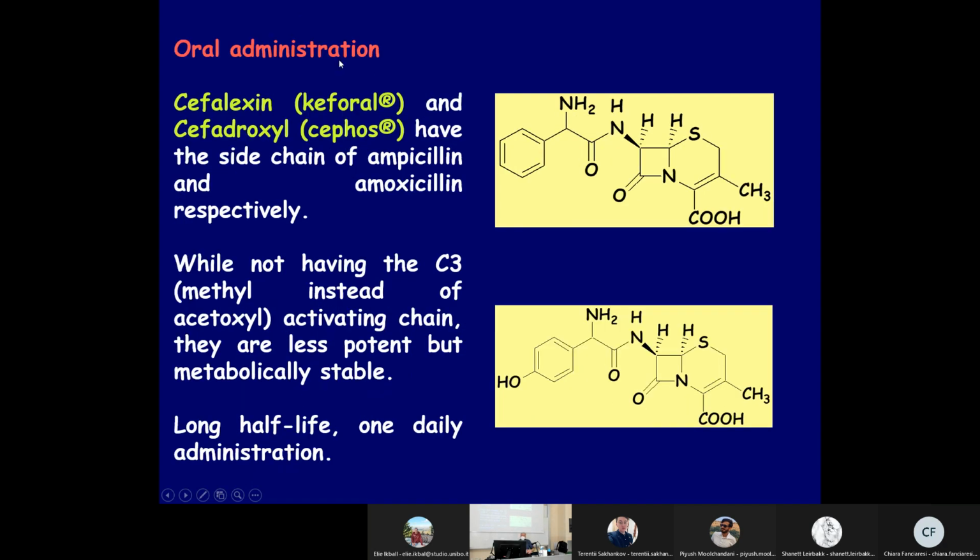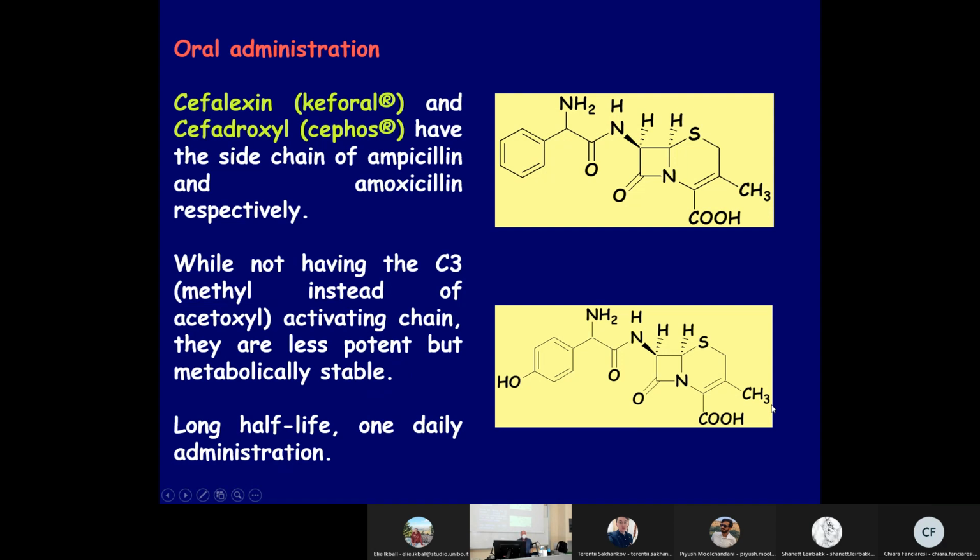For oral administration, once again, we need cephalosporin stable in acidic condition, and so in this type of cephalosporin, you can see the introduction of the amino group on the side chain like for aminopenicillin. The same strategy, nothing new. But in this type of cephalosporin, there is no leaving group.